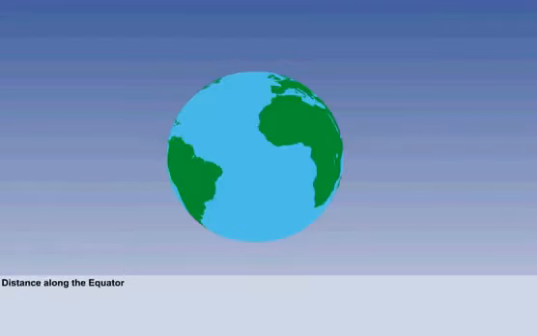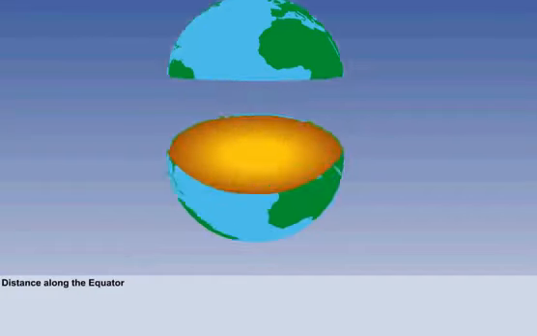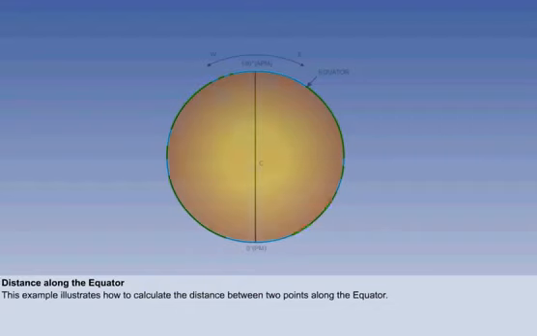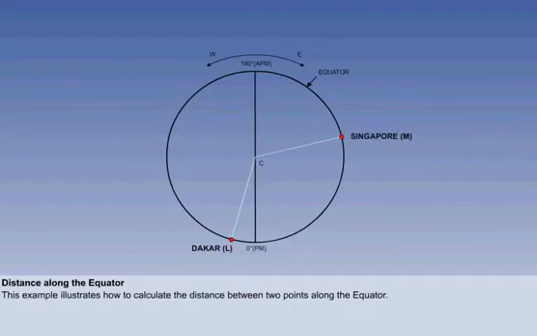Now we shall look at a simple case of 2 points along the equator. In this example, we have taken a cross-section through the equator and plotted the 2 points, Dakar and Singapore. Consider the angle from Dakar on the west 016°35' meridian to Singapore on the east 103°55' meridian.